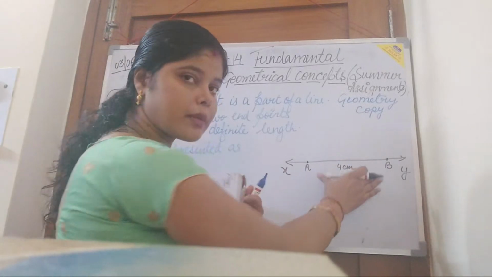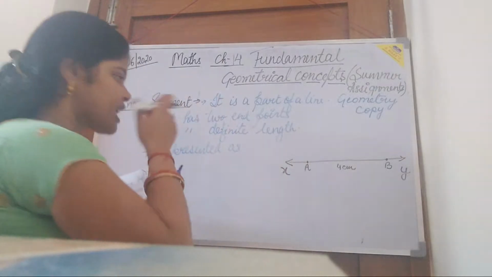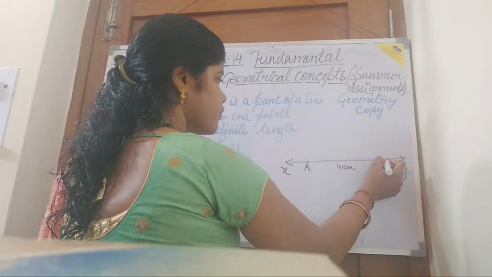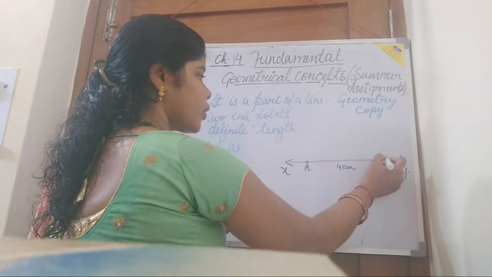AB is a line segment because A and B are fixed endpoints.